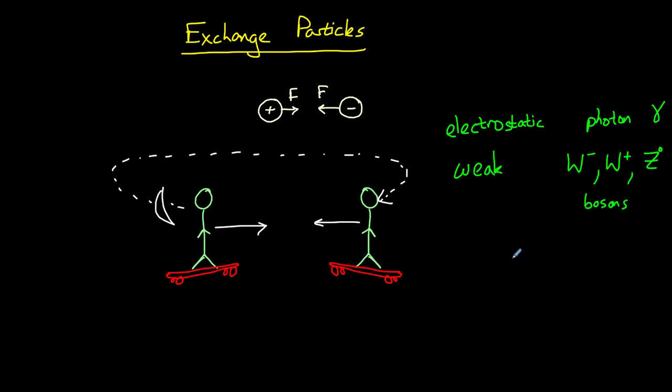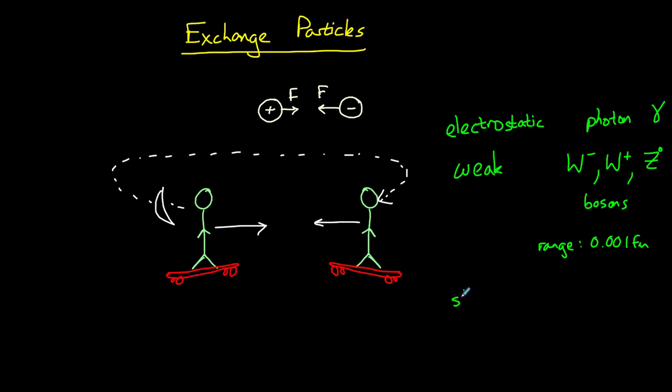These particles have got mass, and in the case of the W bosons, they also have charge. They can only operate over extremely short ranges, about 0.001 femtometers. That's about 1,000th of the radius of a proton. The W bosons are particularly important in beta decay.